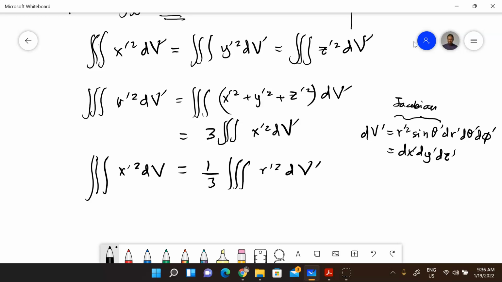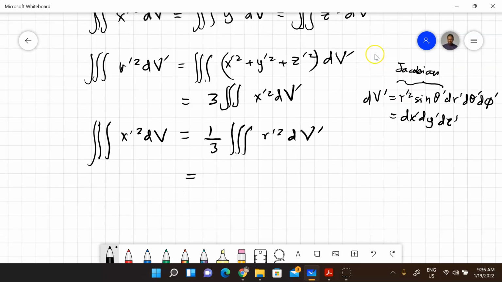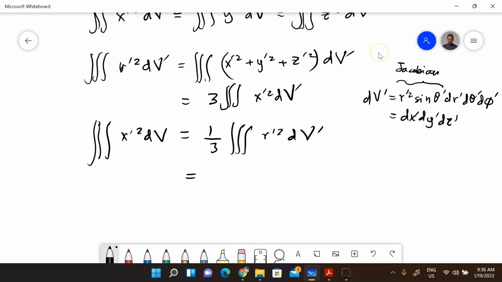So now we can do the integral. Let me just try to jump ahead a little bit. Since there's only r dash square in this integral, we'll do the r dash later on, but for d theta dash and d phi dash, it should be clear to you that gives you 4 pi.